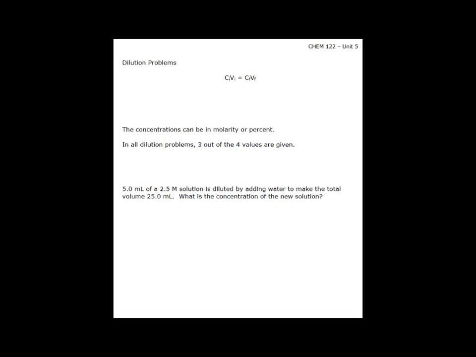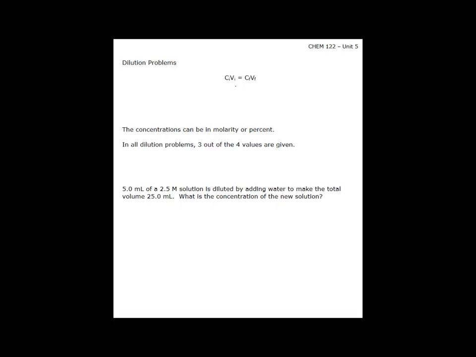And so a lot of times very concentrated solutions are made and kept that way as stock solutions, so that all you have to do is take a small amount of it out, add water, and then you have the desired concentration.